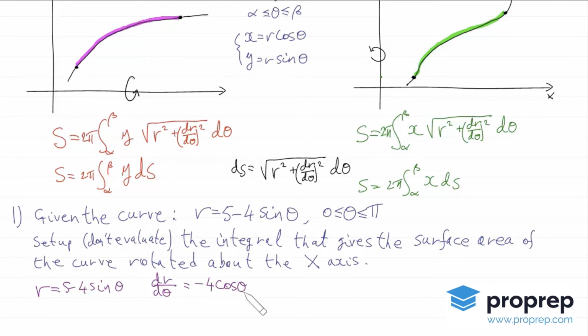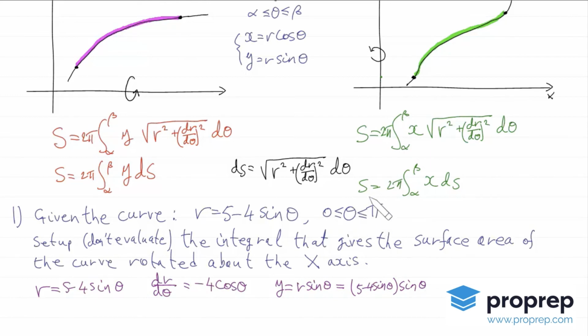And then we'll need also y, and y, which is r sine theta, is equal to, if I replace r with what it originally is here, 5 minus 4 sine theta times sine theta. And of course this is the alpha and this is the beta.